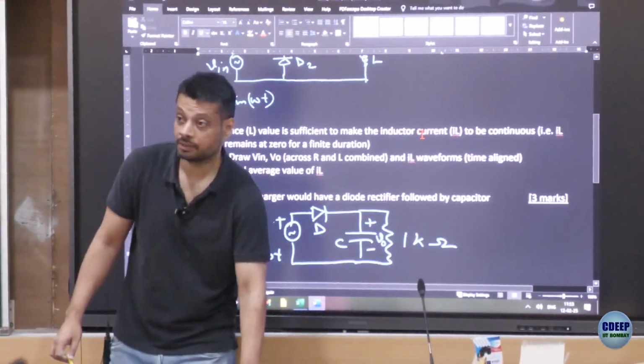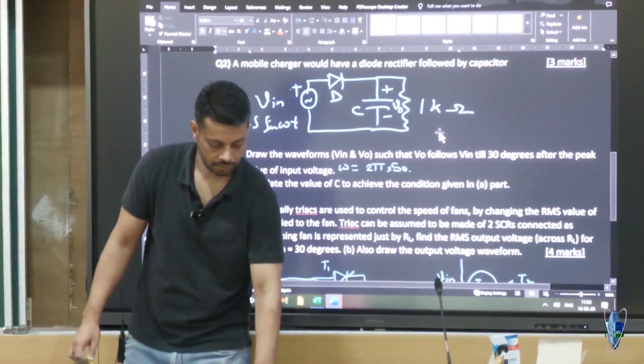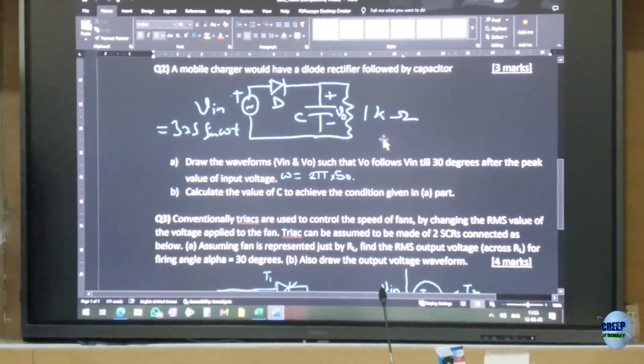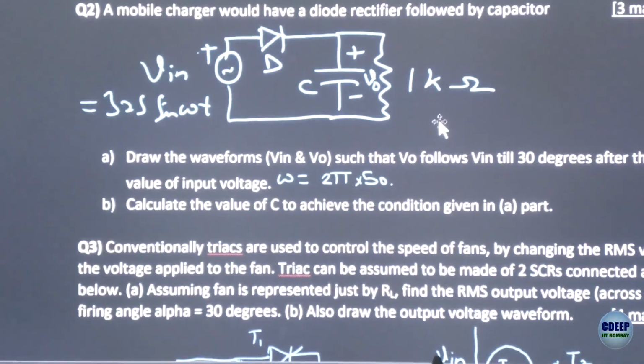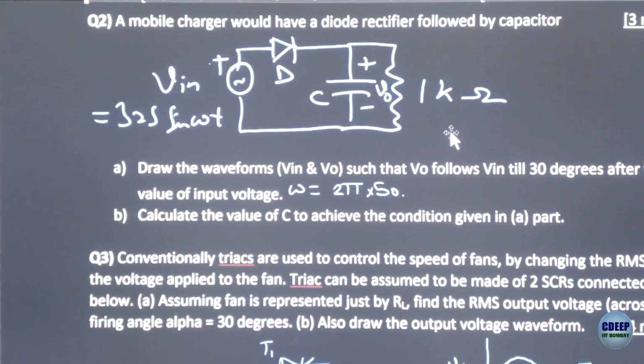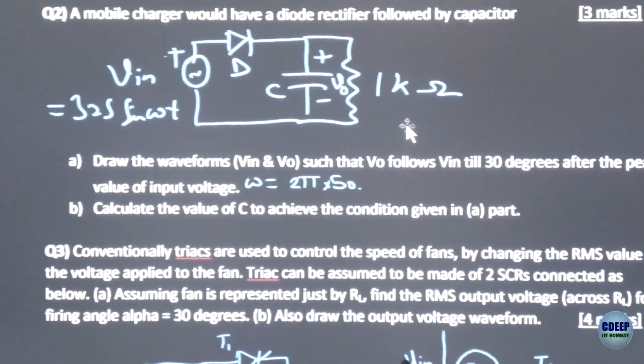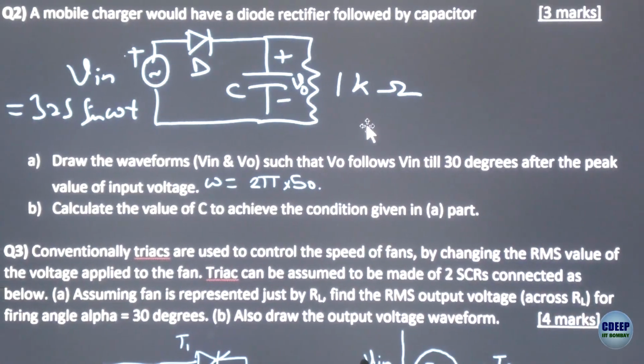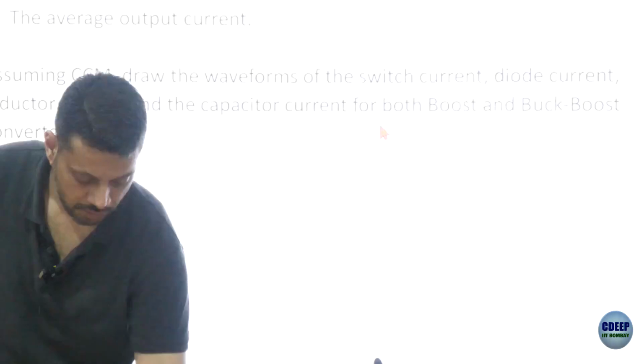Go to question 2 then. Can you read question number 2? Okay, what is the answer to question 1? Let me give you the answer first before we move on to question 2.